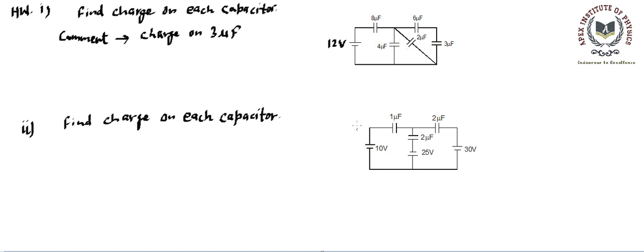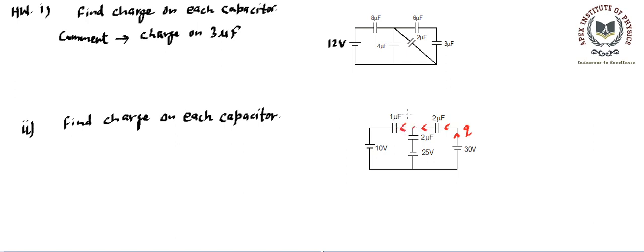The idea of solving this is going to be the same as earlier. So let me give you a hint of what you can do. You can start from anywhere. Let's say you start from the 30 volt battery, and a charge Q has gone from here, so that Q charge is going to move like this and come here. Then at this junction you divide into 2 parts.